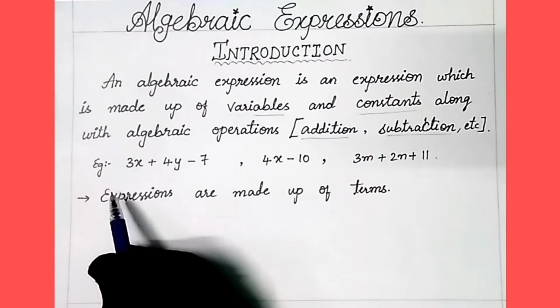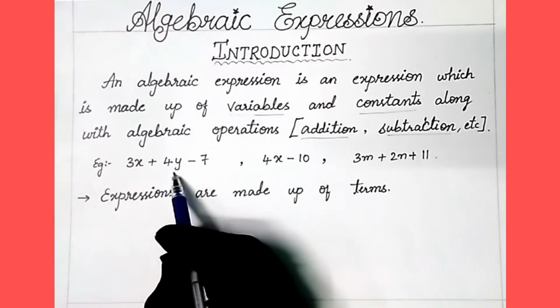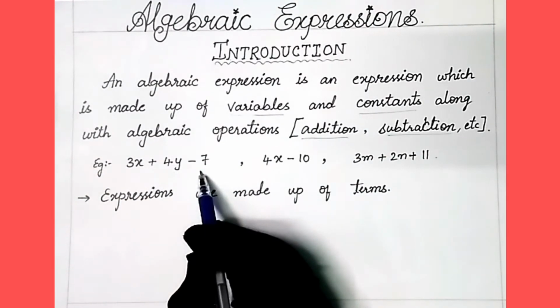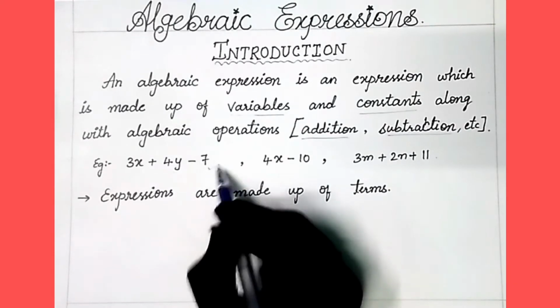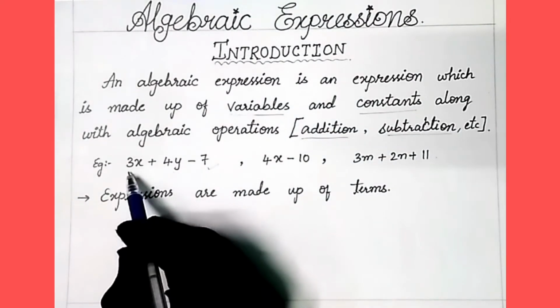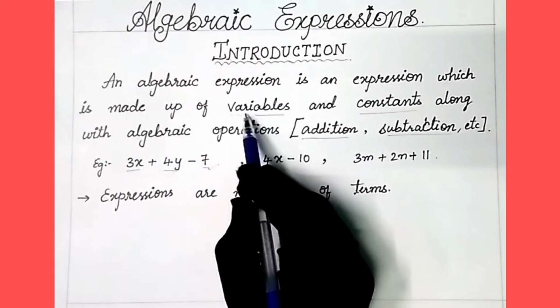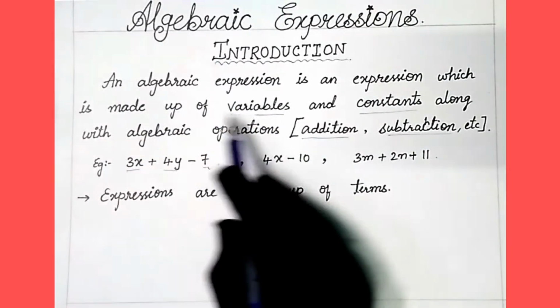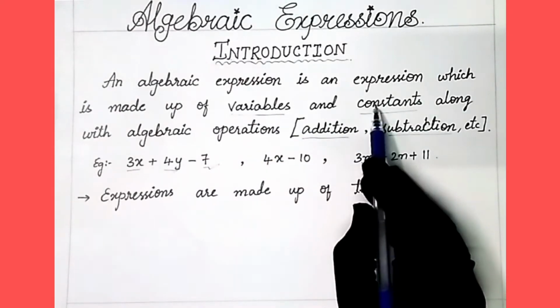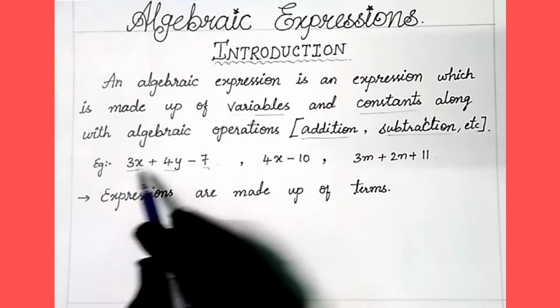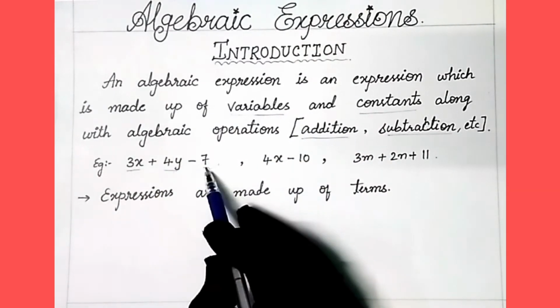Here we have an example, 3x plus 4y minus 7. It is an algebraic expression. It contains two variables and one constant. As we know, an algebraic expression is made up of variables and constants. So here in this expression, we have two variables and one constant.